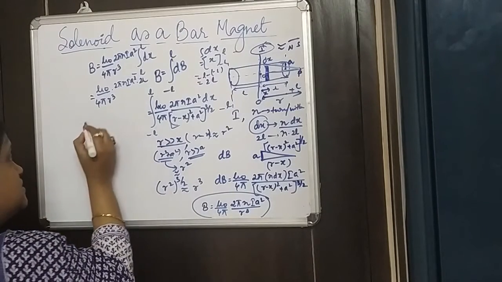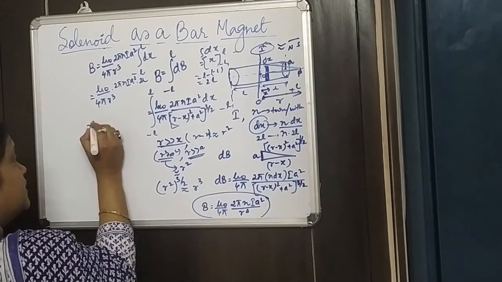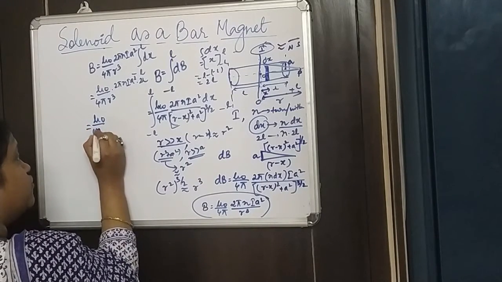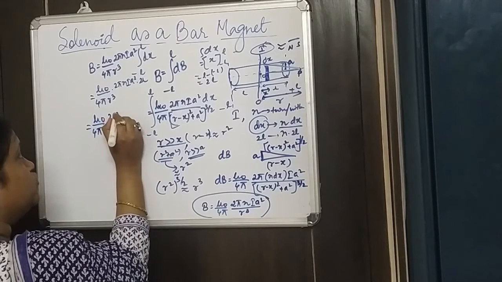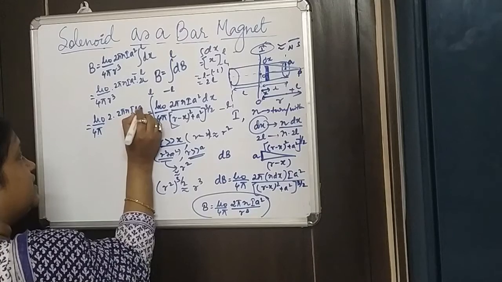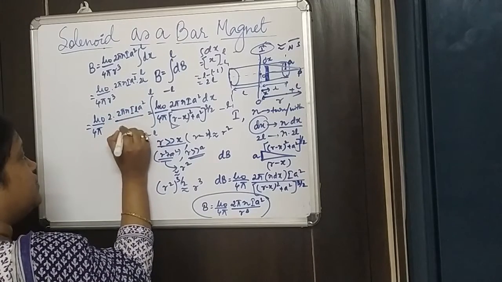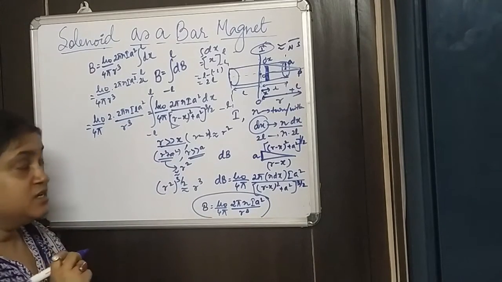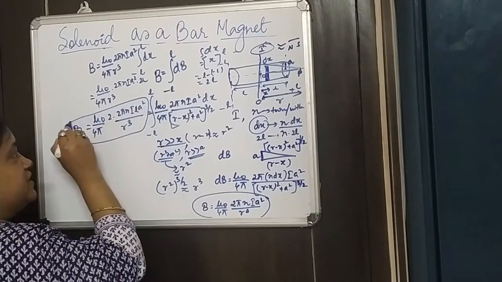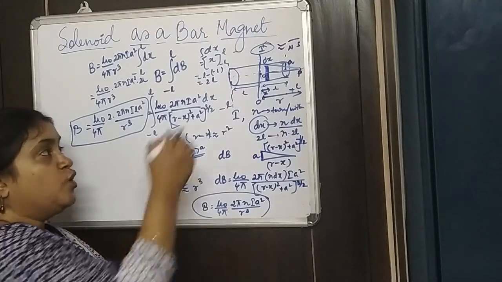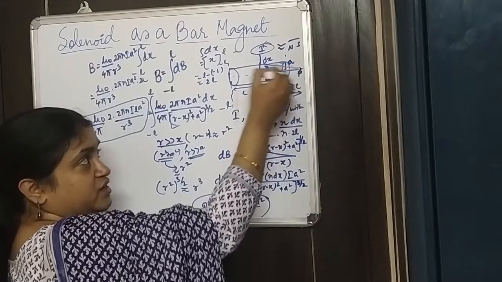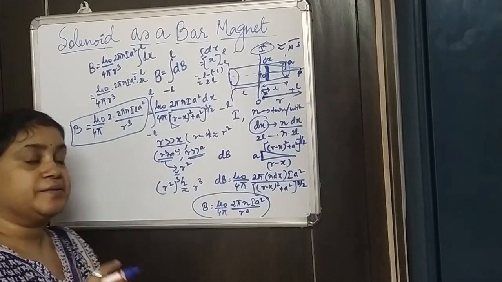So we just write it again in this way: 2 mu naught by 4 pi, 2 into 2 pi n I L a square by r cube, right? Now this is the magnetic field B due to the solenoid on a point on its axis which is at a distance r.